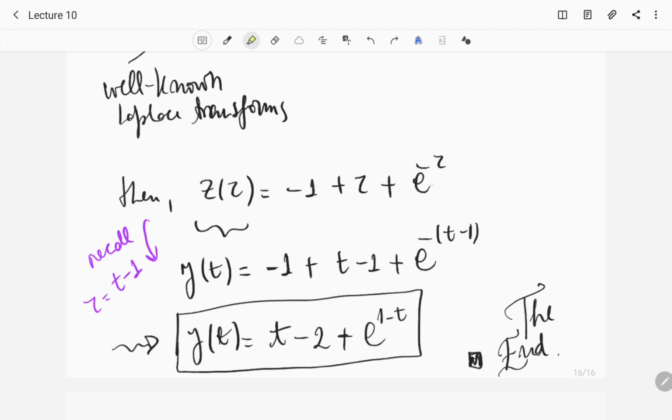So here the exponential to the power minus tau turns into exponential to the power minus (t minus 1). And then you can just work a little bit with the minus signs and so on, and you find that the solution is t minus 2 plus exponential to the power 1 minus t.